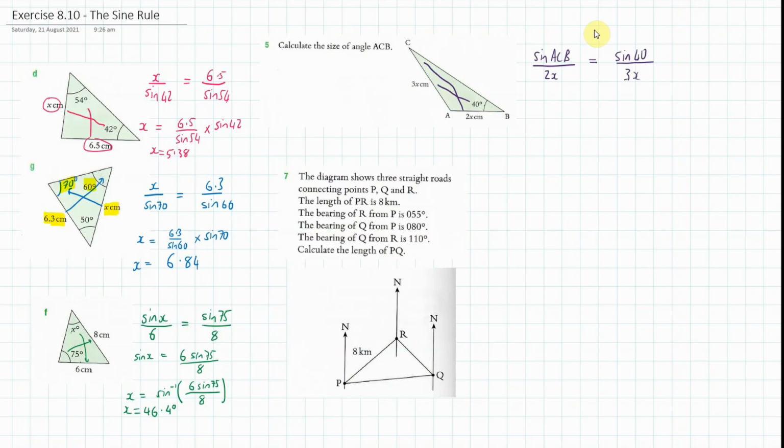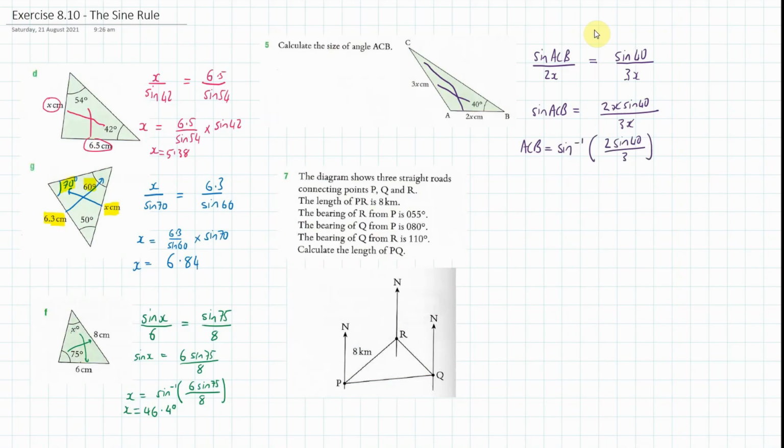Now, I know some of you probably thought, oh, we can't do anything here, but just go ahead and try stuff. Always have a go, and sometimes the problems that you expect to have are going to iron themselves out, like they are right now. What do you notice? The x's cancel out at this point. So, now we can get ACB is equal to the inverse sine of 2 sine 40 all over 3, because of the x's being cancelled out.